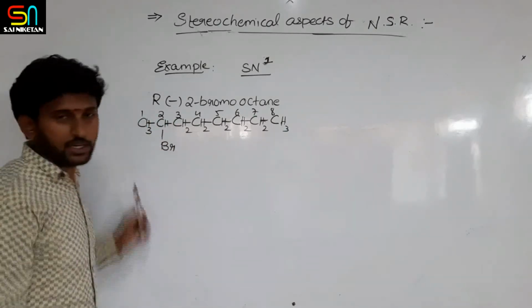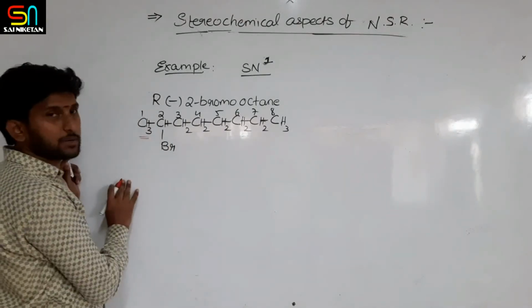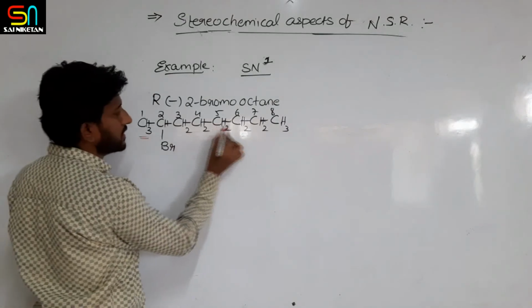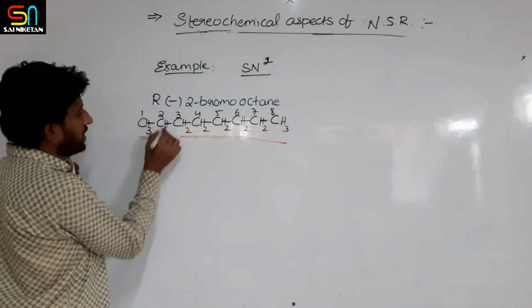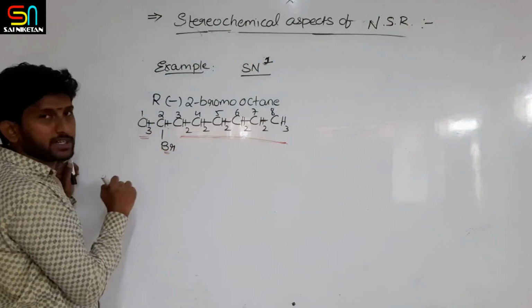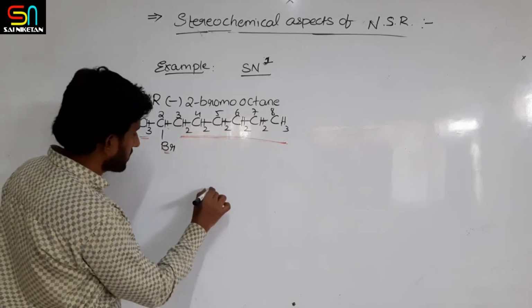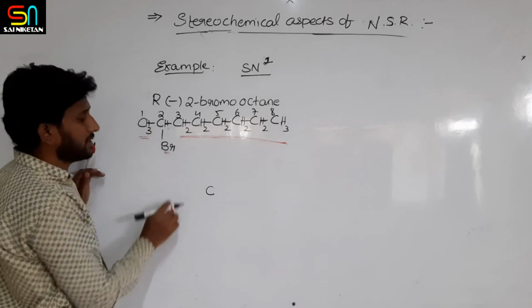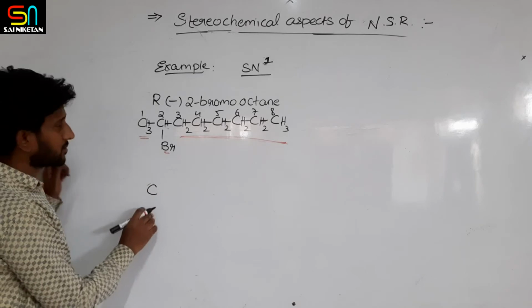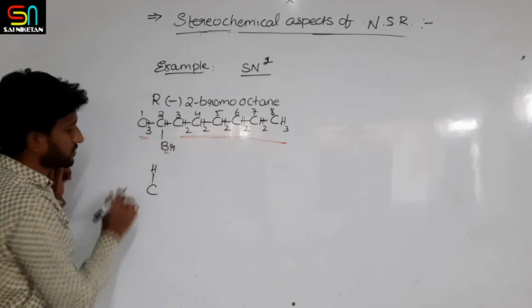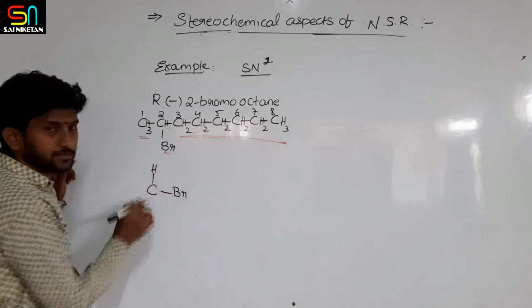Why? Because here in C2 position we have one methyl group attached to the carbon, and if you see this, 1, 2, 3, 4, 5, 6, hexyl group, one hexyl group is attached to this carbon, one hydrogen and one bromine are attached. So this compound I am writing like this. This carbon I will take in central position. One hydrogen is attached to this one, and one bromine is attached to this one.